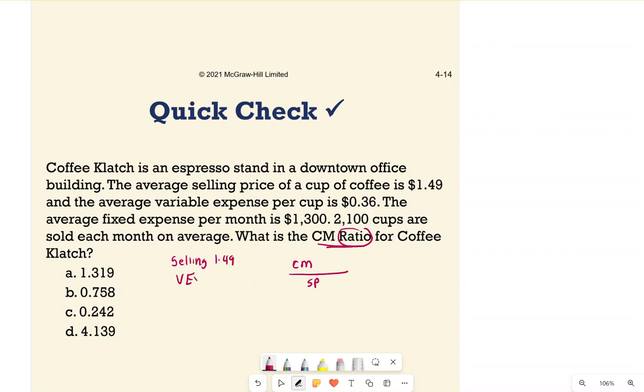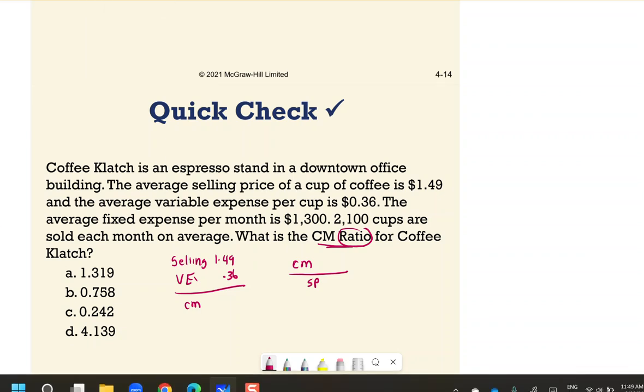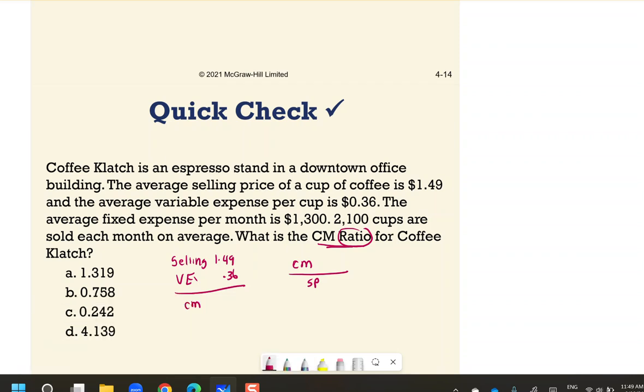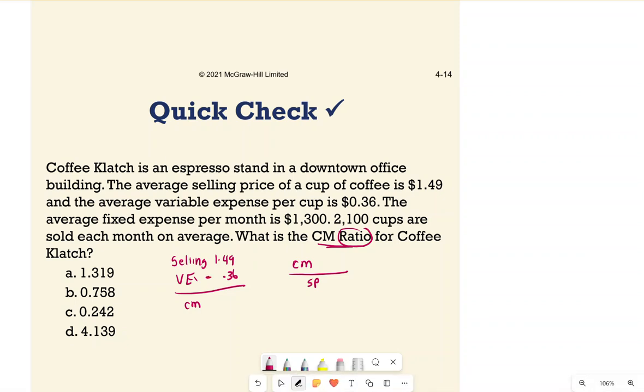My variable expenses are 0.36, which gives me a contribution margin. How do we get it? Selling price minus variable expense gives you the contribution margin. Use your calculator to work out the numbers.